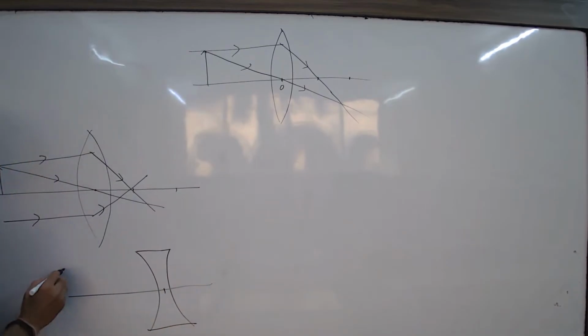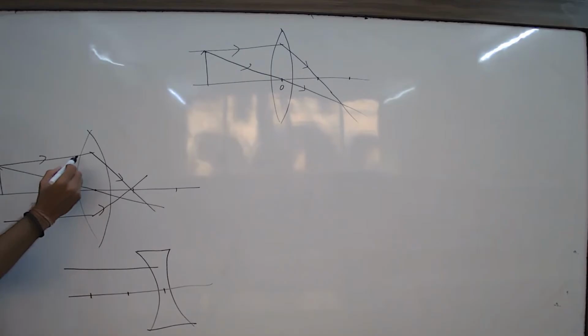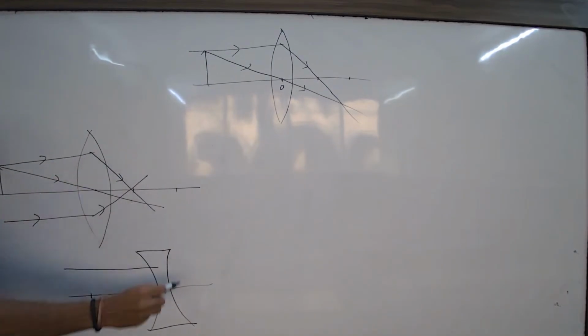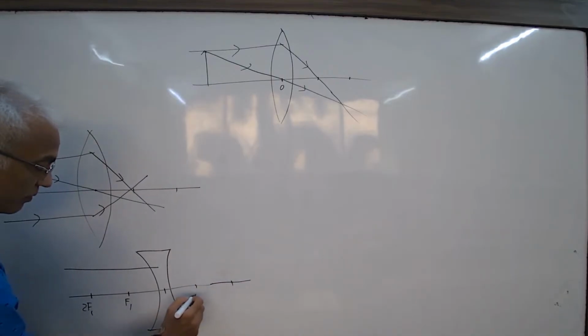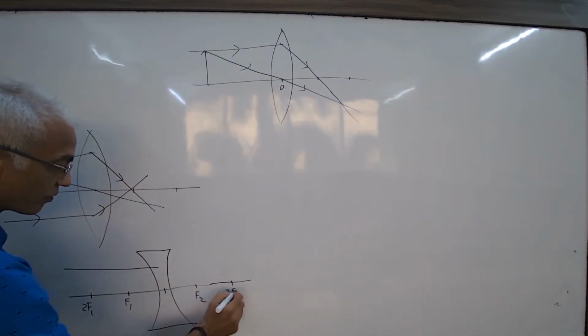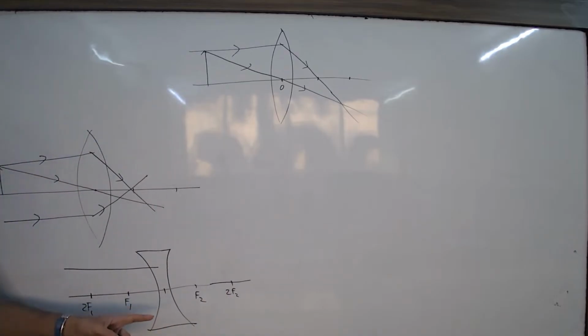For same ray, अगर same parallel ray हम यहाँ से लेंगे, now what happens? इस केस में opposite होता है, diverging lens में। ऑपोजिट मतलब ये फोकस की तरफ गई थी, ये फोकस से अवे जाएगा, ये वाले फोकस। ये भी तो फोकस है, दो फोकस होते हैं ना लेंस में, लेंस में दो फोकस होते हैं, क्यों?